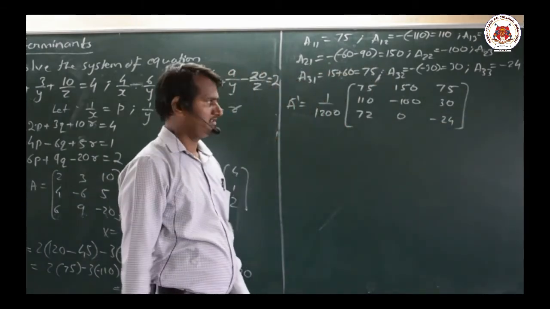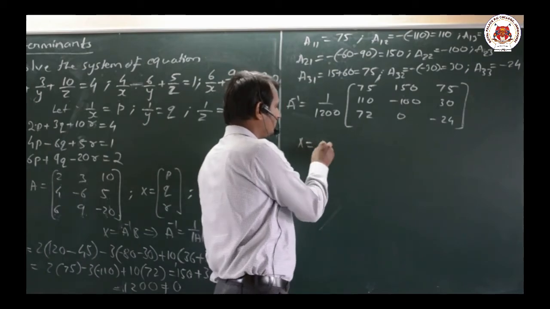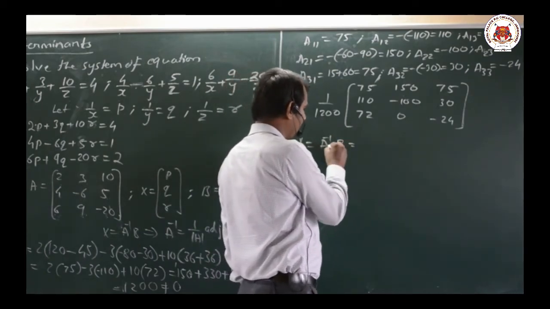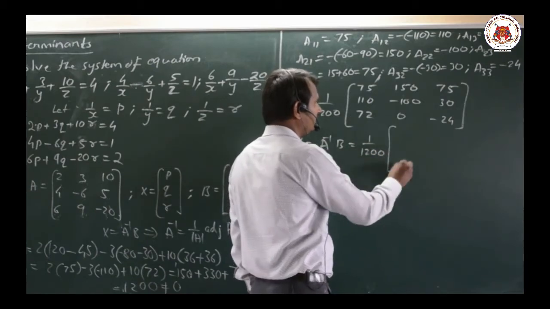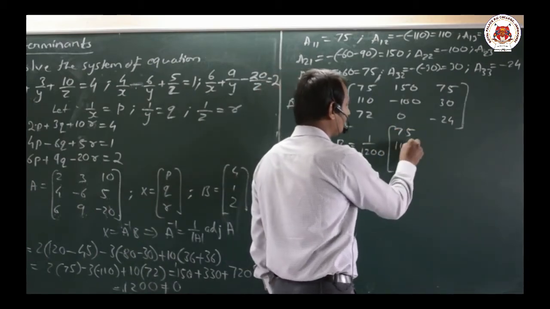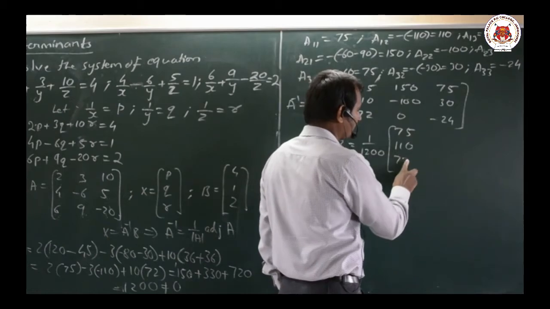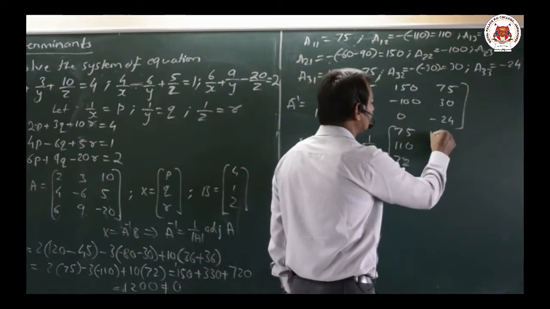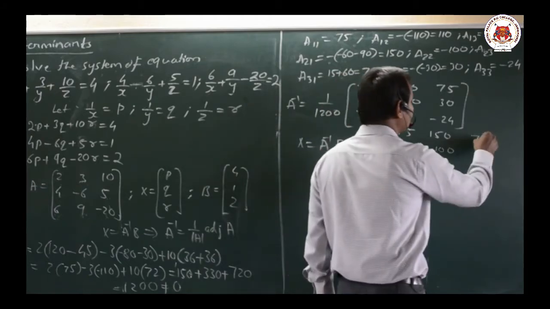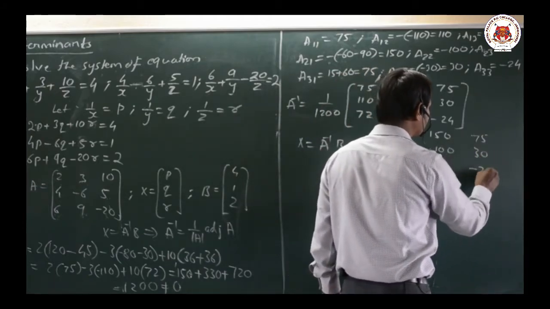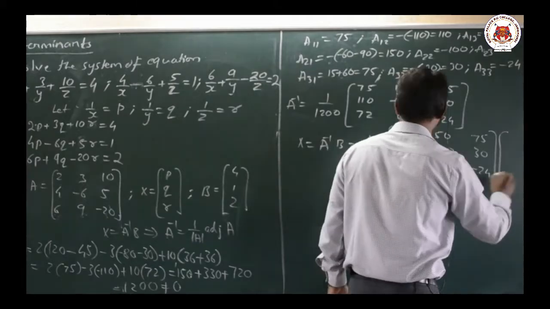At last x equal to A inverse into B. Okay, A inverse into B, that is 1 divided by 1200 into 75, 110, 72. Next one is 150 minus 100, 0. Next one is 75, 30 and minus 24 into what we have here, that is B.